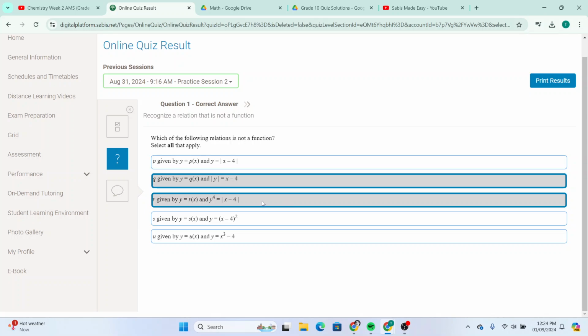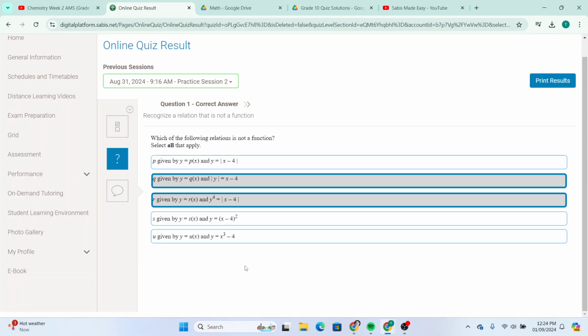So like negative 2 to the power of 4 would give you 16. I'm not thinking properly, I'm sorry. But at the same time, 2 to the power of 4 would also give you 16. So there could be two values for y, which makes this a relation, not a function.